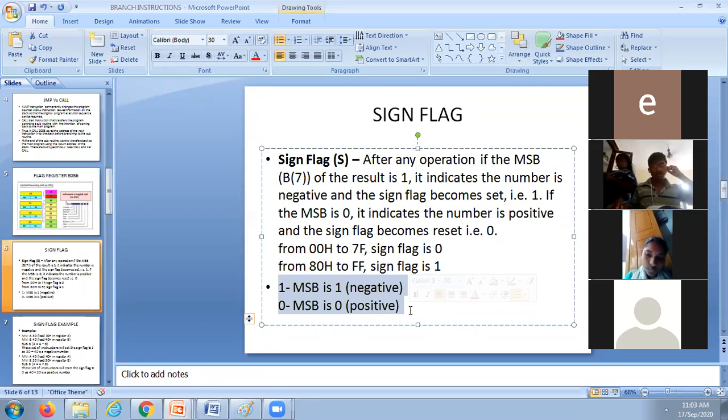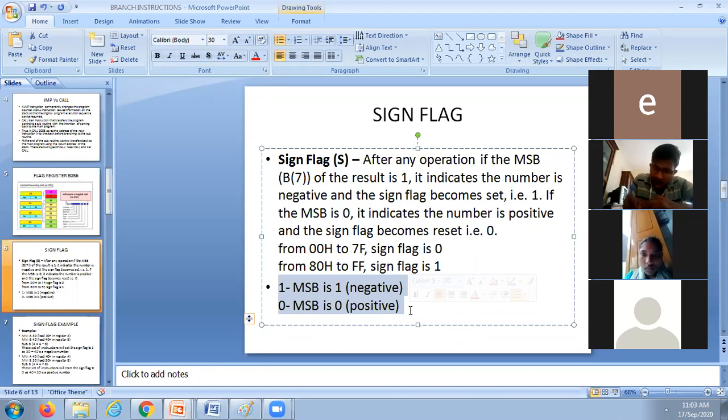It means that the number is negative. If the sign bit is 0, what do you mean by that? The MSB is 0. It means that the number is positive.